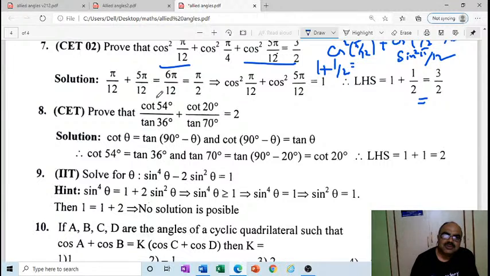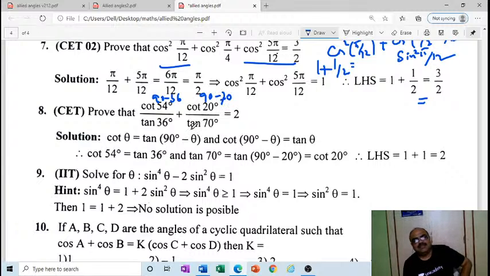I like tan, I'll do with tan only. 90 minus 36 is 54. 90 minus 70 is 20. So this is tan 36, this is tan 70, which cancels, which is 1 plus 1.